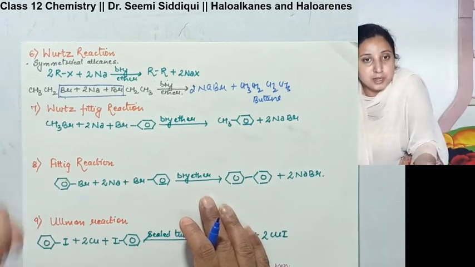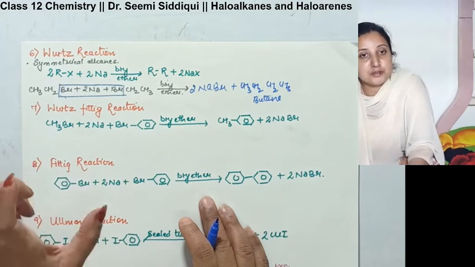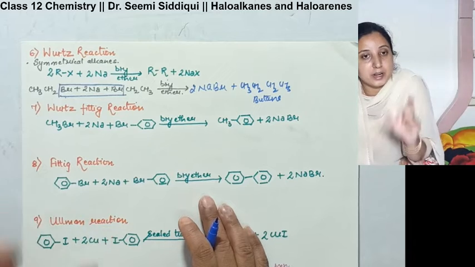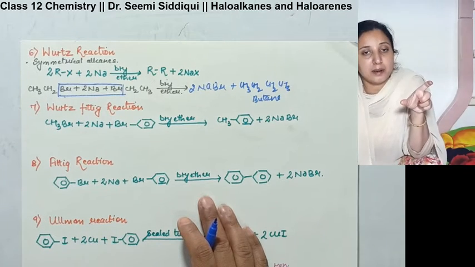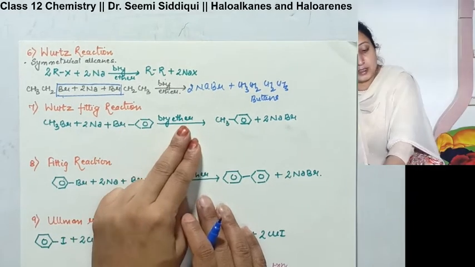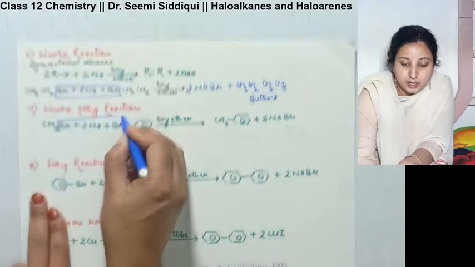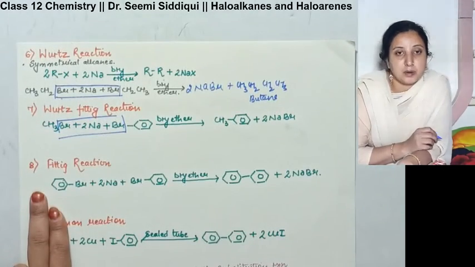अब Wurtz reaction में ही we have the two types. One is the Wurtz-Fittig reaction. Wurtz-Fittig reaction जब हम word use कर रहे हैं it means एक alkyl halide है आपका और एक aryl halide है and same it is in the presence of the ether and what is happening over here also your NaBr is coming out.